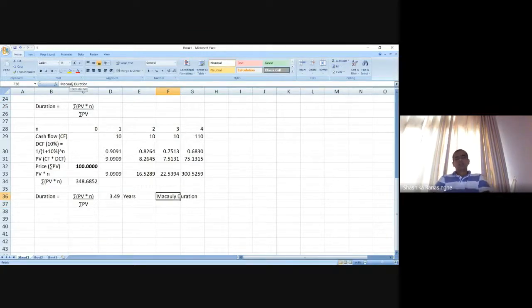The duration that we just calculated is called Macaulay duration, right? Which is the weighted average maturity of a bond.